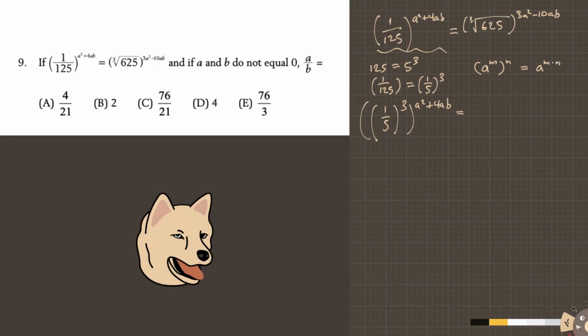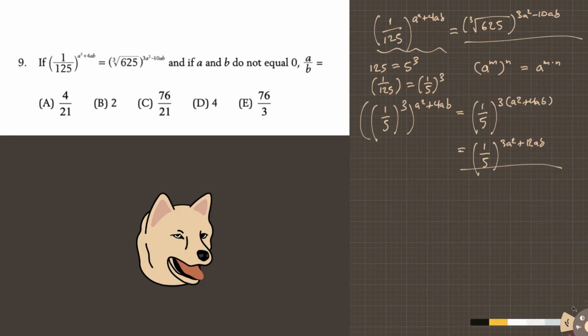So this over here we can simplify further: 1 over 5 to the power of 3(a squared plus 4ab), which is equal to 1 over 5 to the power of 3a squared plus 12ab. Cool. So this is the simplified version of our first term.